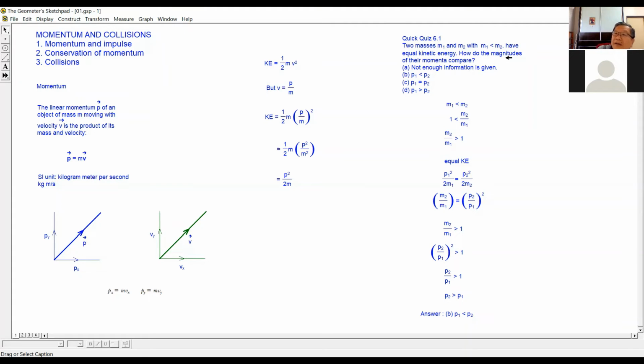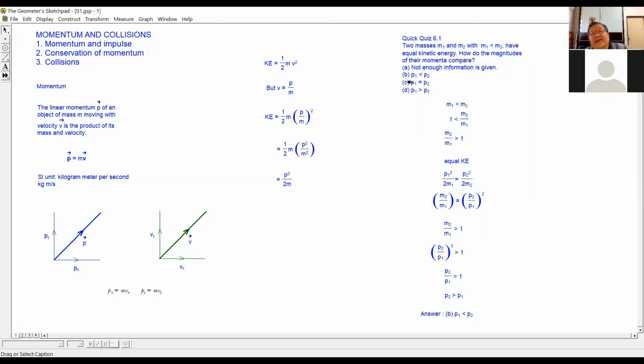We want to compare the magnitude of their momentum, not the direction, not the plus and minus, right? We just want to find the size of the momentum. The first answer is, oh, we cannot compare them because there is not enough information.